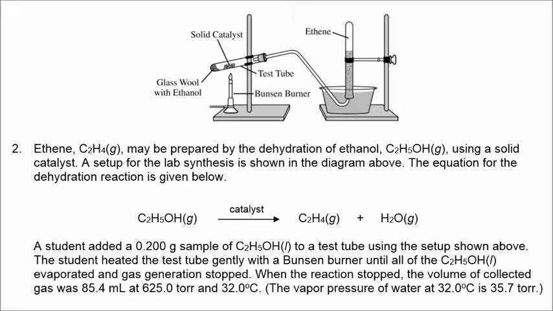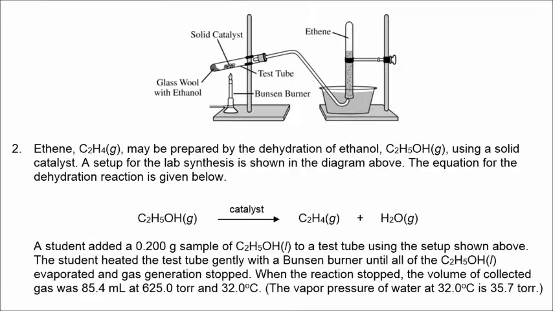The student starts with 0.200 grams of ethanol, and after it was heated, some of that reaction did occur. Maybe not 100% yield, but we definitely got some product. Now the volume of collected gas was 85.4 milliliters, and 625.0 torr was the atmospheric pressure.